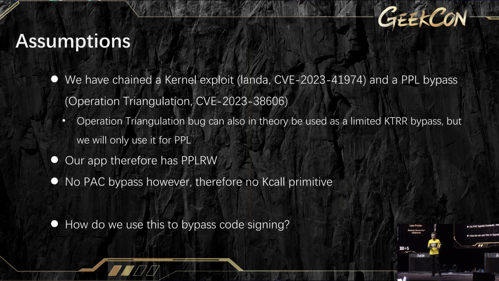Notably, we do not have a PAC bypass for iOS 16, so we do not have the ability to override data that's protected by the cryptographic signatures of PAC. We also don't have a kcall primitive, which means we cannot influence the kernel code flow in any way or arbitrarily call kernel functions. Now the question is, with just the PPL bypass, how can we use it to bypass code signing?